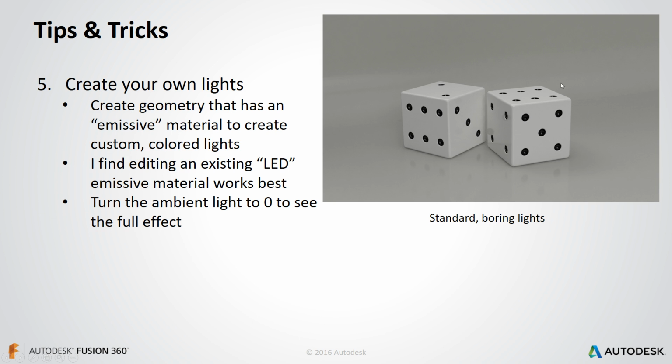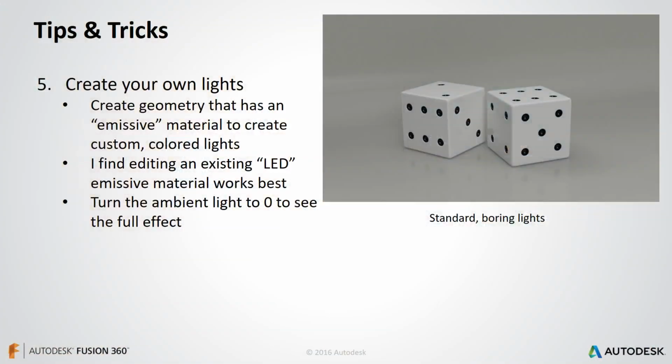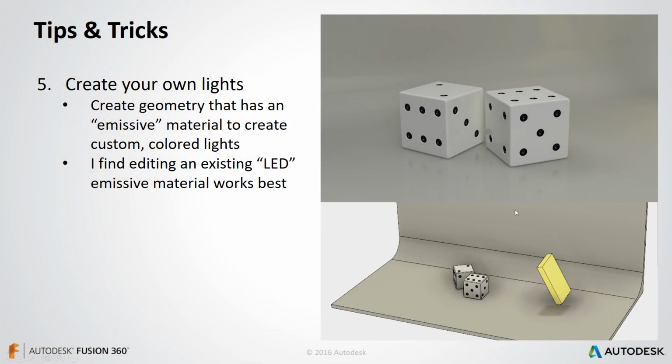So for example, here's a standard rendering inside of Fusion. But here I've added a panel that's casting a yellow light. Notice the rendering now.